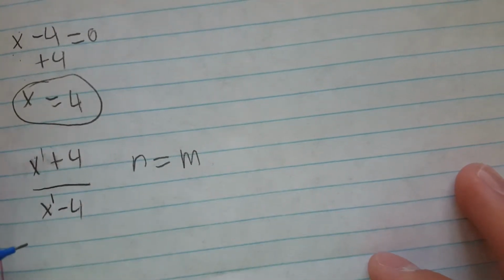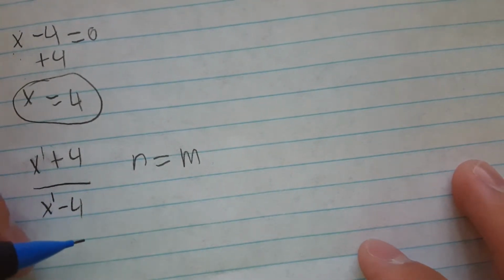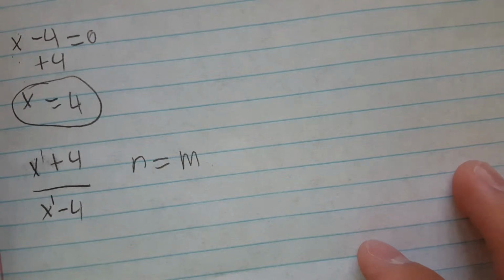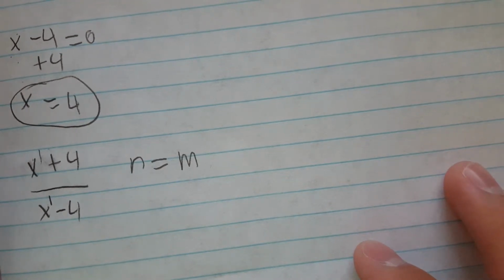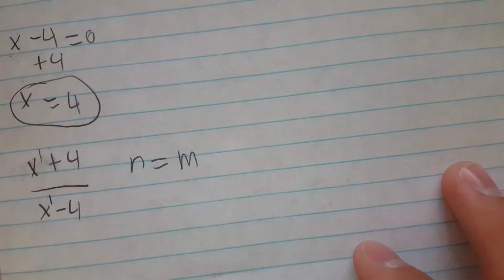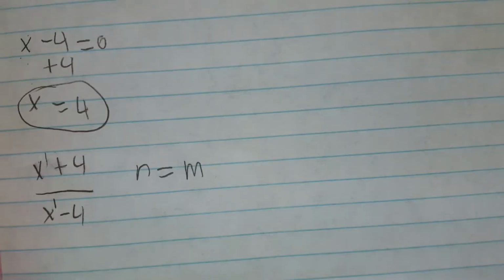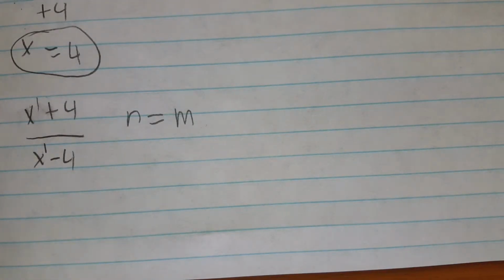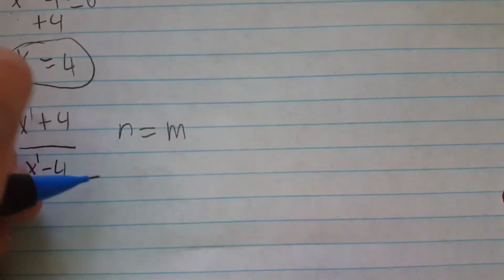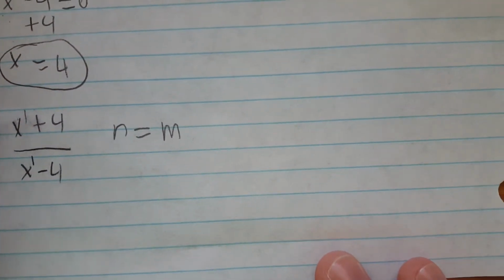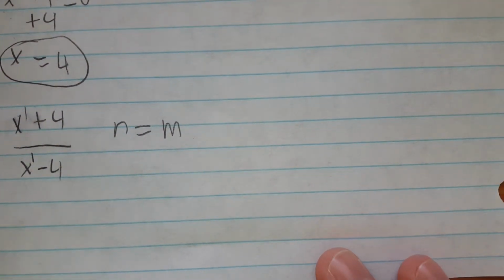Giving us a horizontal, well, if it's the same, then we set the coefficients over each other. So you see 1, which we know because there's no number beside x.